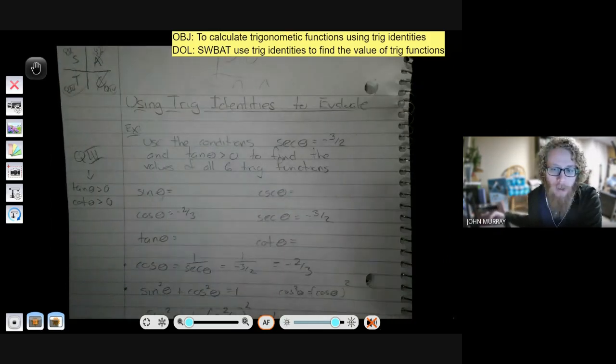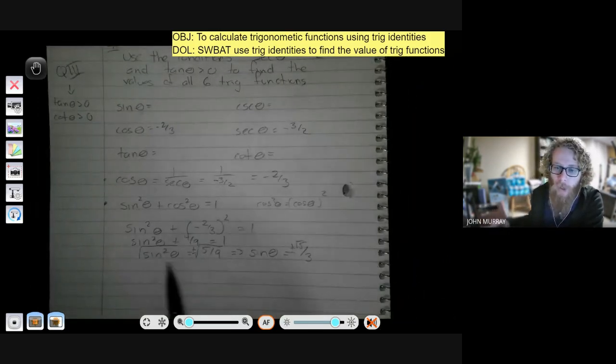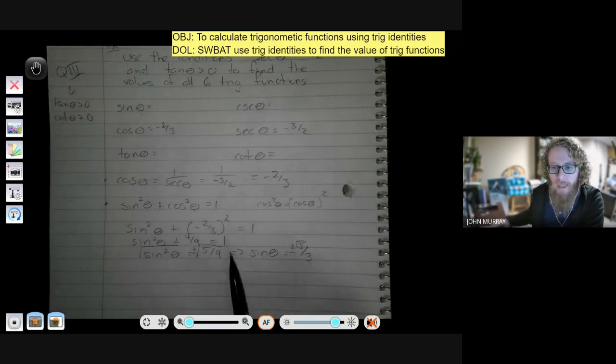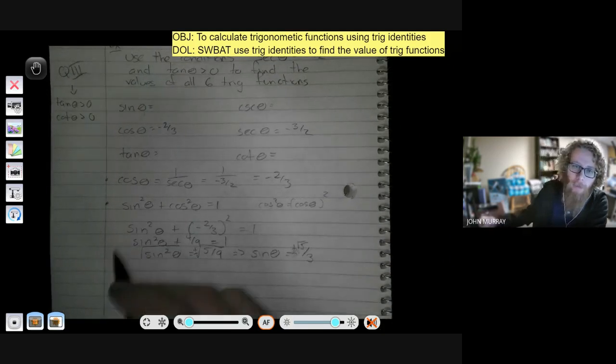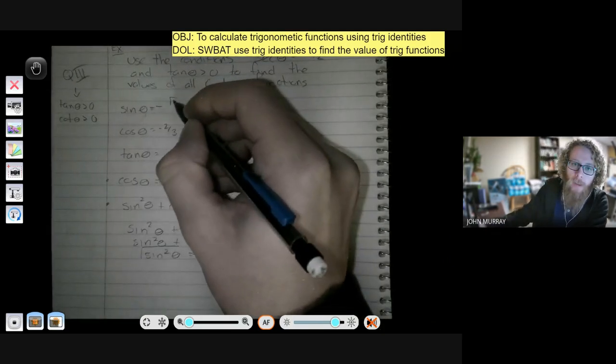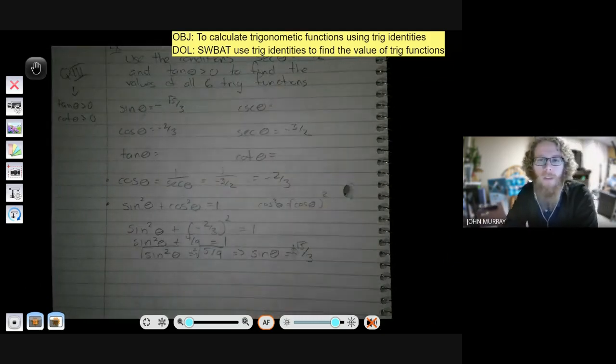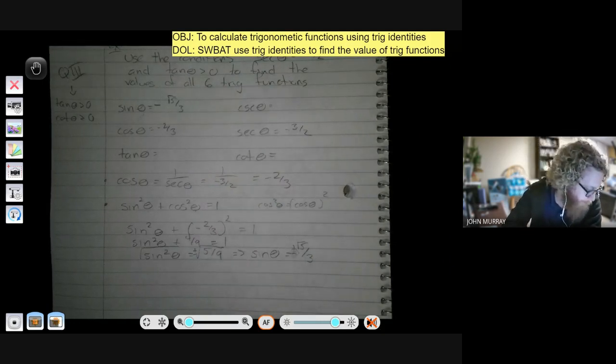And part of that, they tell us tangent is positive. So in solving for this, I have to make sure I choose the negative option. So I have the sine is negative √5/3.